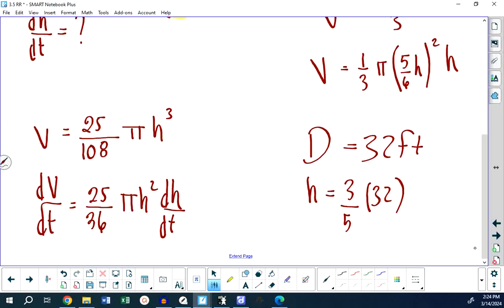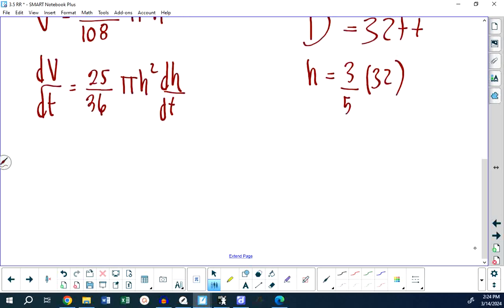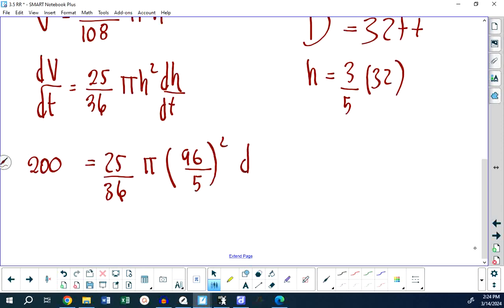Okay. Correct me if I'm wrong because I've scrolled it off the screen, but I believe dV/dt was 200. So 200 equals 25/36 pi times (96/5) squared dh/dt.